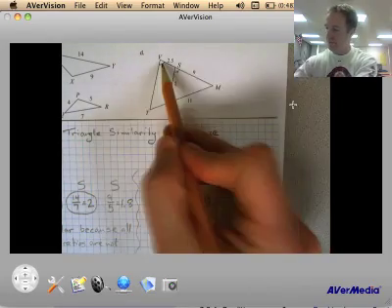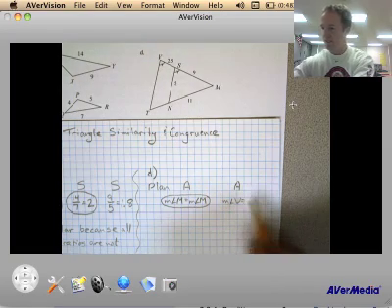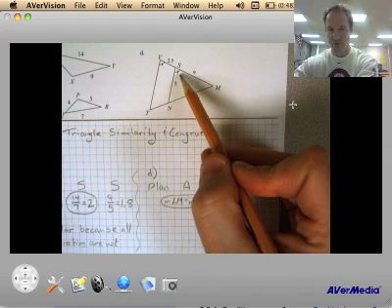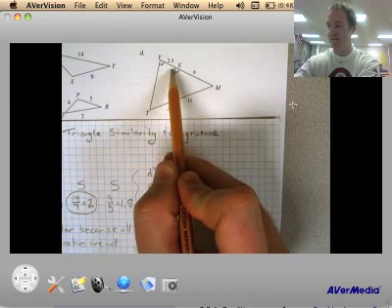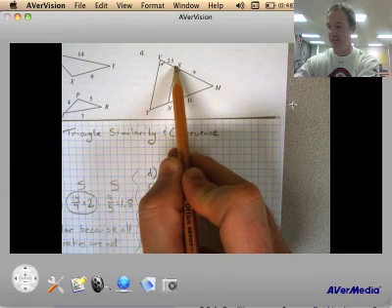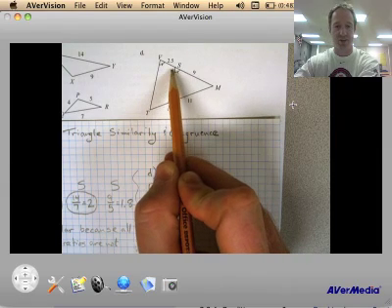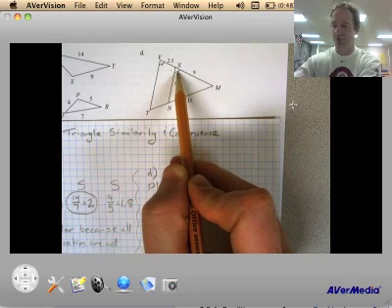So this one we can call V, measure of angle V equals. Now, can we say angle S here? The answer is no. You can't say angle S because there's two different angles here at point S. So if you say angle S, I'm not sure which angle here you're talking about. So you've got to be more specific. You've got to name it with 3 points.